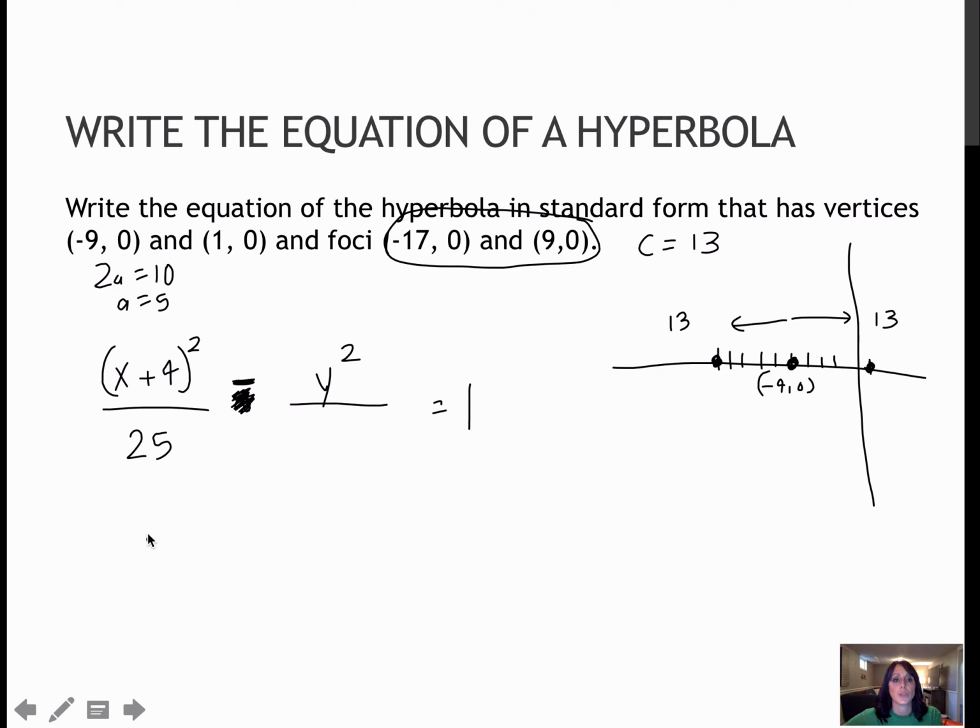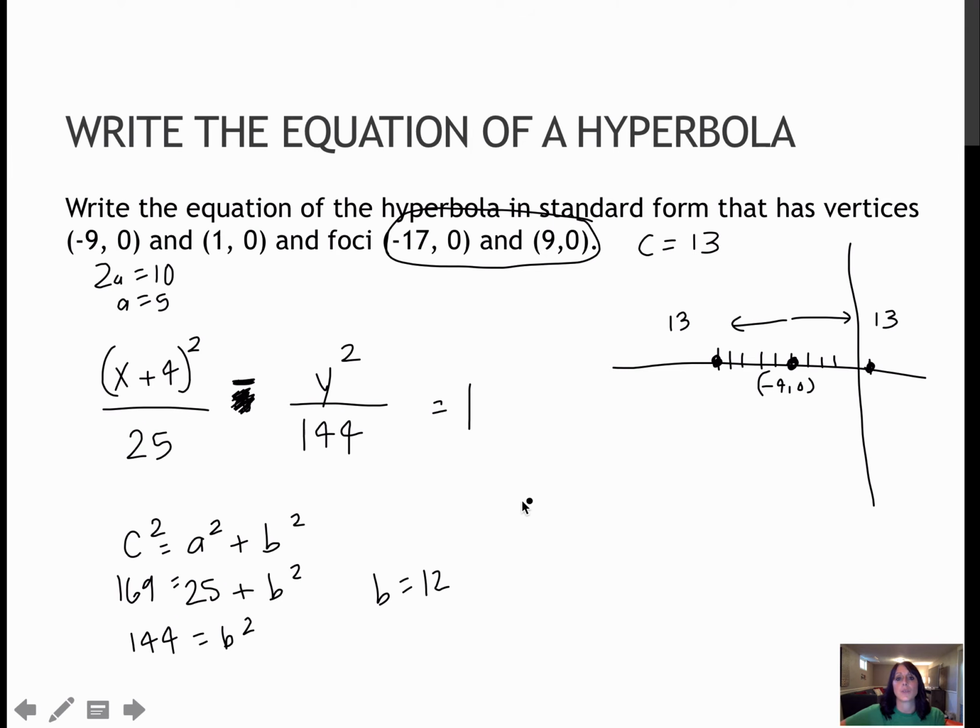I'm going to use c squared equals a squared plus b squared, which means 13 squared, which is 169, equals a squared, which is 25, plus b squared. If I subtract, I get 144 equals b squared, so that value goes here. B is 12, but honestly that doesn't really matter, we just needed the b squared value.